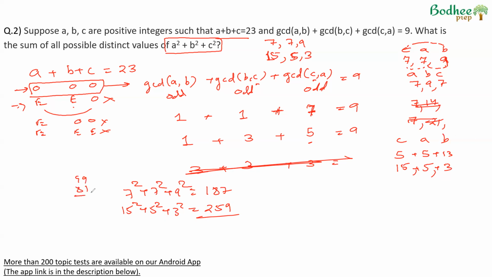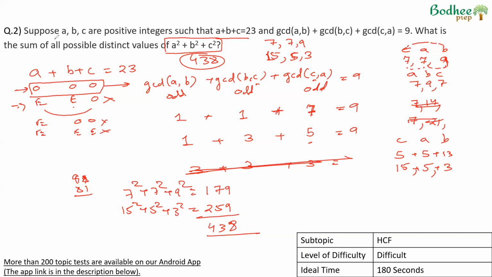And therefore the required sum of all possible distinct values of A square plus B square plus C square becomes 438. That is the answer.